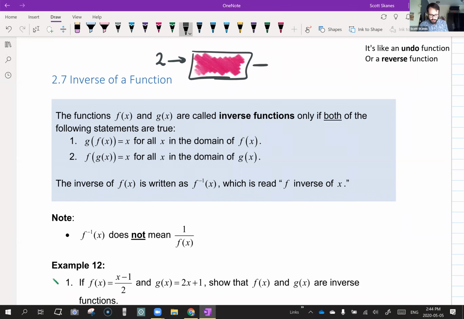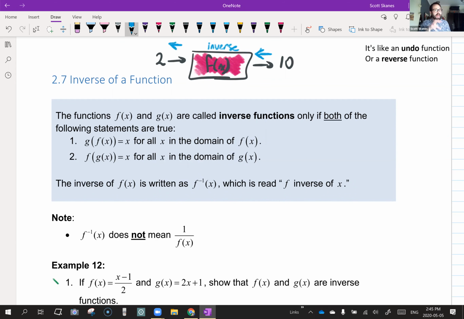So for example, let's just say this machine gives us a 10. The inverse is literally like the opposite machine, or the reverse machine, or the undo function, whatever way you want to call it. If this is our function, f of x, then the inverse would be going backwards, whatever function that is.